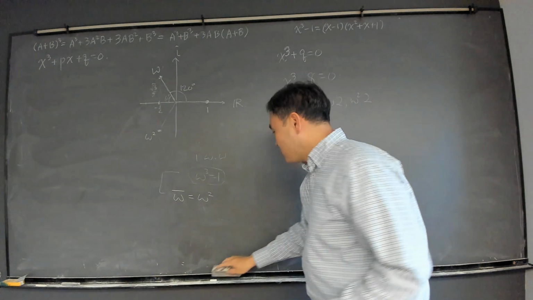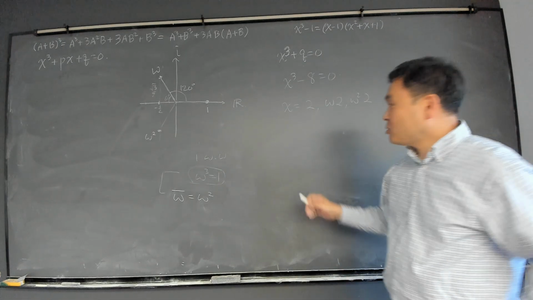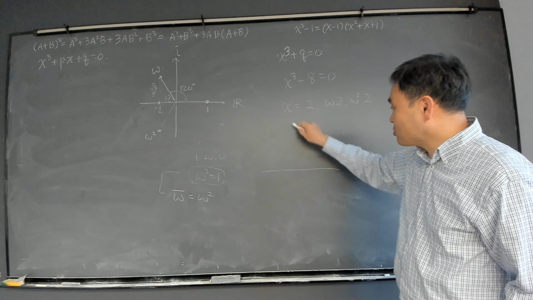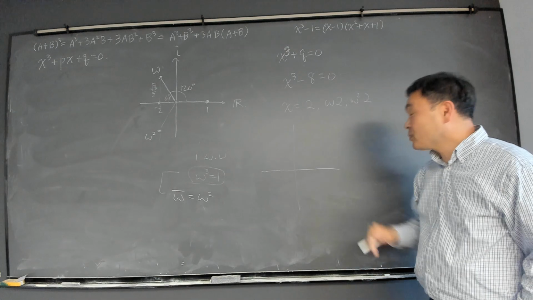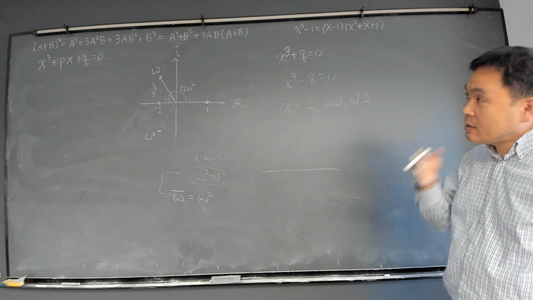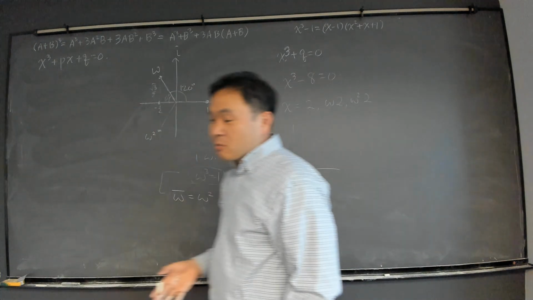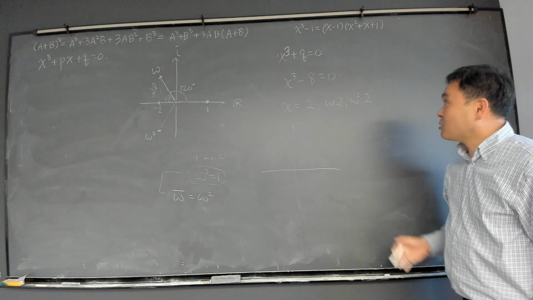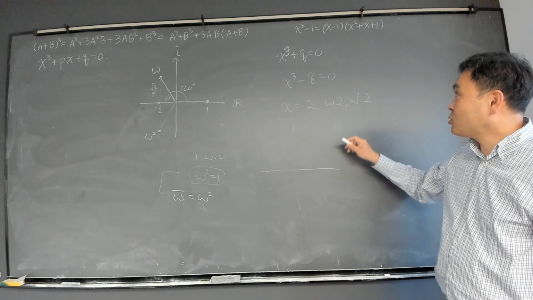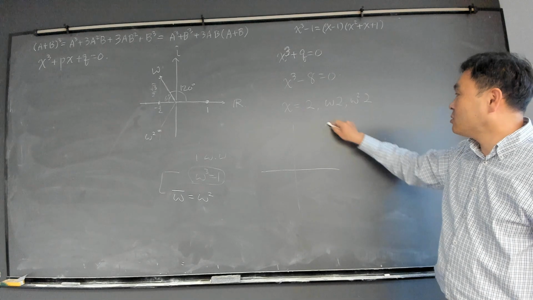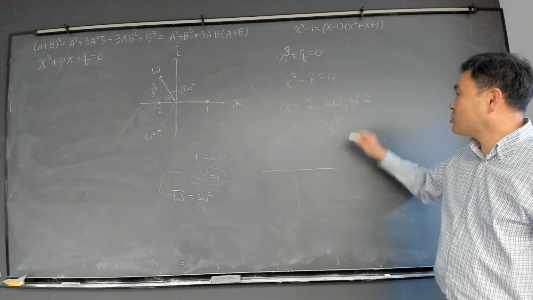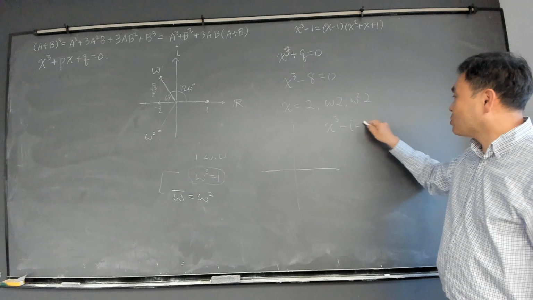Just to convince you, let me give you a slightly more non-trivial equation. Now, in our discussion, we really want the p and q to be real numbers, but let's do something that's not real. So what if I had q as negative i? For example, what's the solution to x cubed minus i equals 0?